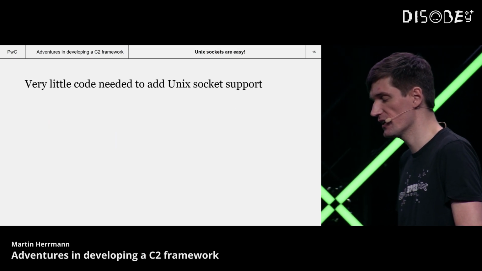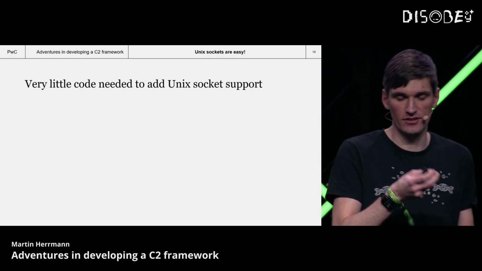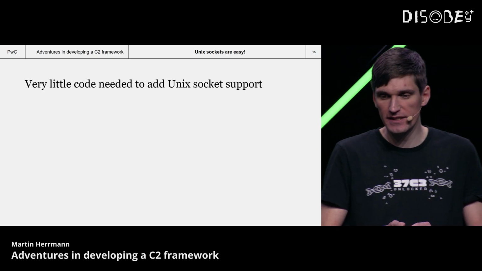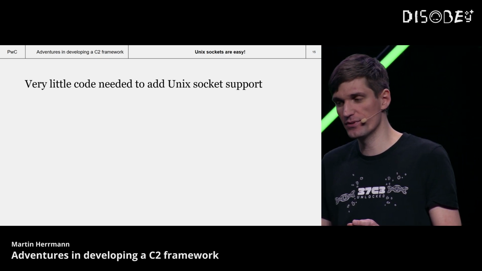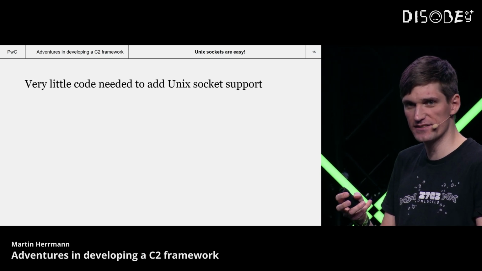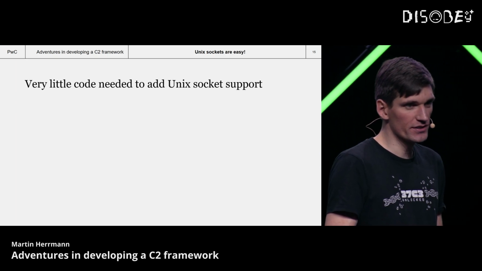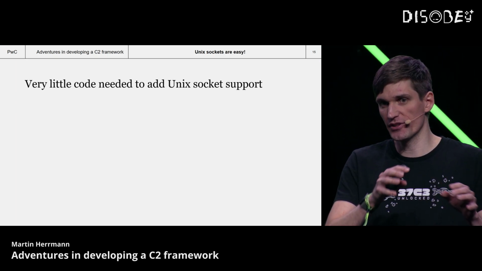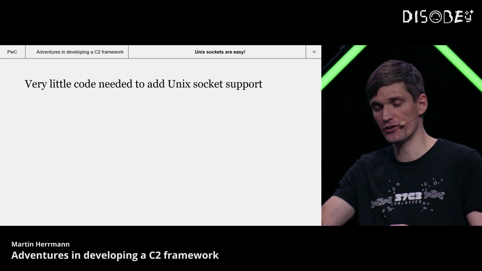Also, because everything is abstractly implemented, using lots of base classes, it was incredibly easy to add Unix socket support. This was especially interesting because over the last 2 years we've had lots of tests of Linux systems where Docker was being used. So we wanted to tunnel the Docker socket, because on Linux, by default, it's a Unix socket that you connect to in order to issue the Docker commands.